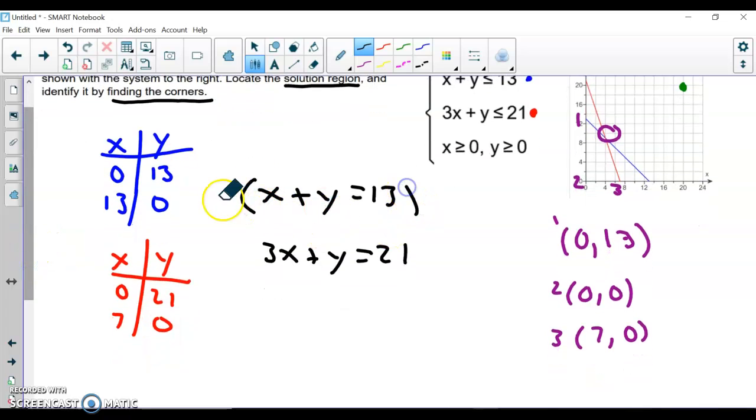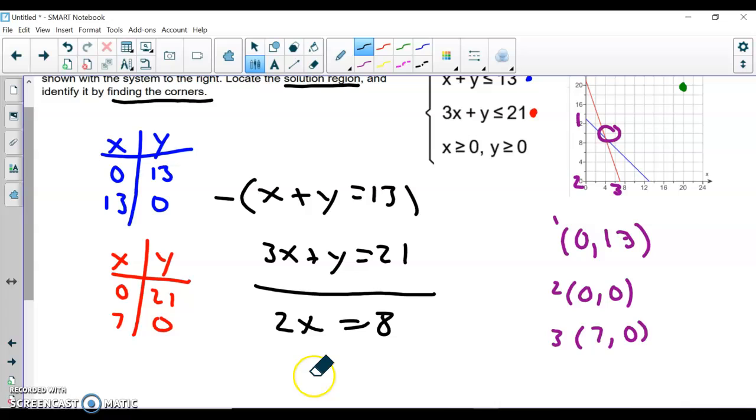Or if you were to just multiply the top by a negative, I'll just visualize subtracting them, multiply the top by a negative, add them together. 3x minus x is 2x. y minus y is nothing. 21 minus 13 is 8. And we get x has to be 4. And since x plus y is 13, if x is 4, y has to be 9.